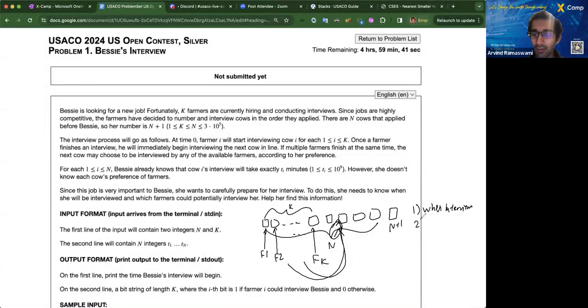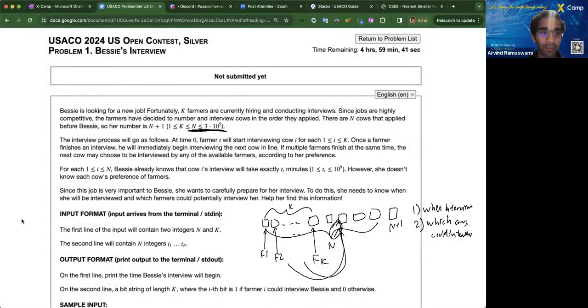And the second thing to answer is which cows could interview. N is up to 3 times 10 to the 5, so we ideally hope for something that's O of N or O of N log N.